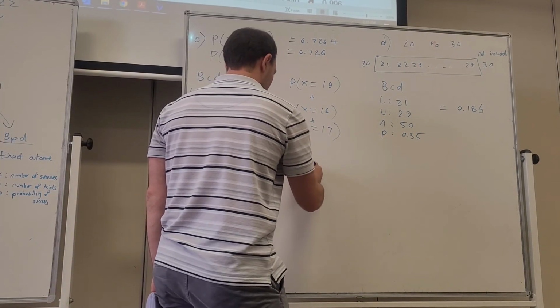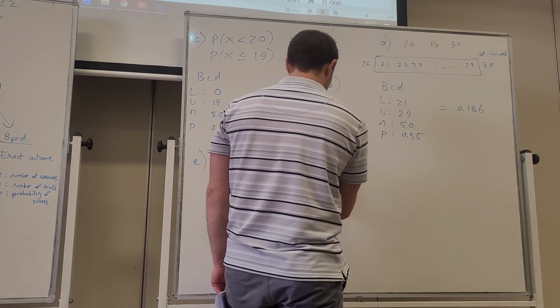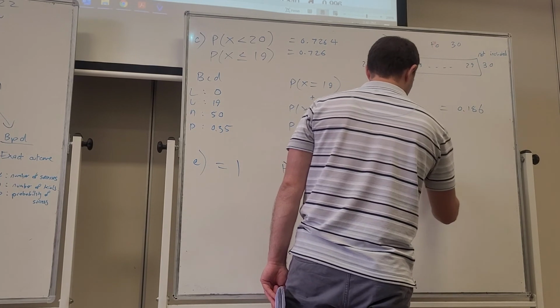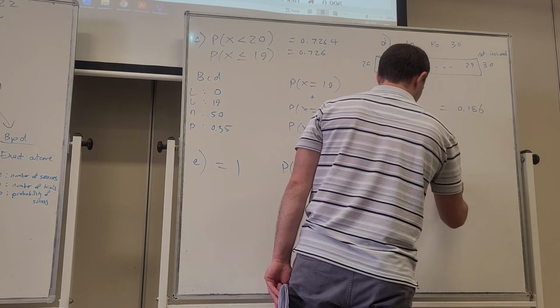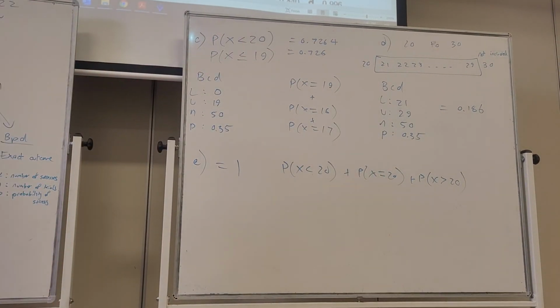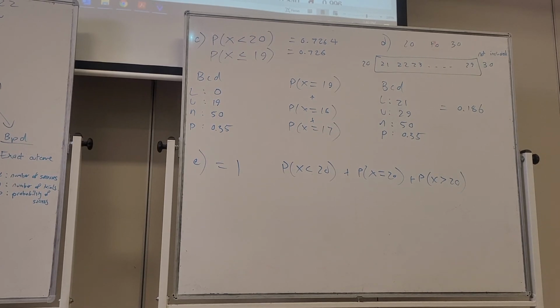We're calculating the probability of x being less than 20 plus the probability of x being 20 plus the probability of x being larger than 20. And that is every possible event. So the sum of the probabilities will be 1 because it includes every possible event that can occur. There could be less than 20 apples, there could be 20 apples, or there could be more than 20 apples.